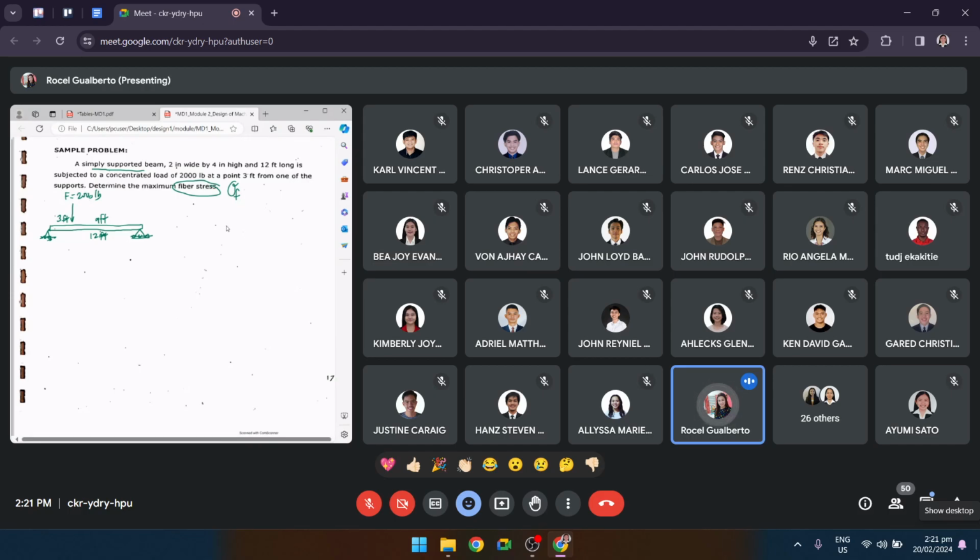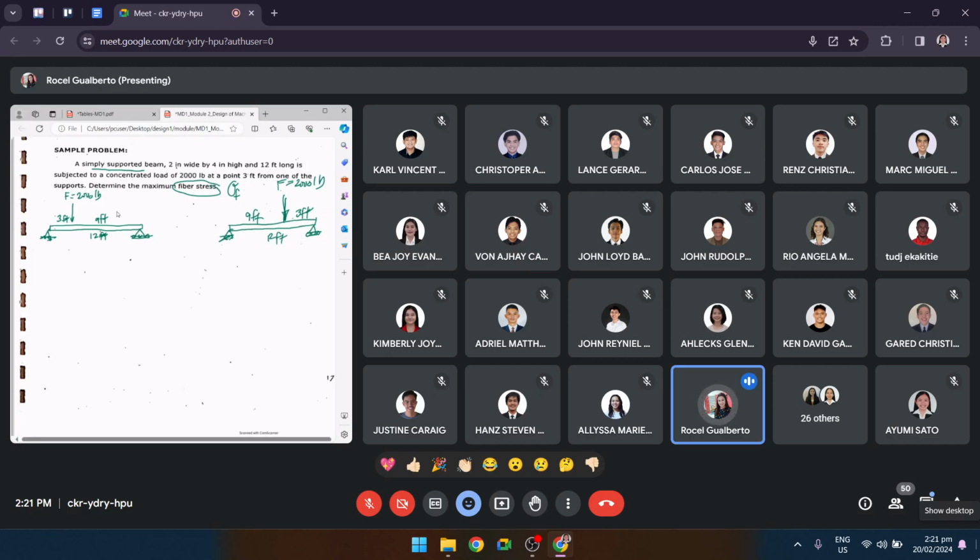And another one is, pwede rin kung ganito. You can have another illustration. The same, you have the supports on both ends, and this is your force equal to 2,000 pounds, located 3 feet, and this is 9 feet, a total of 12.